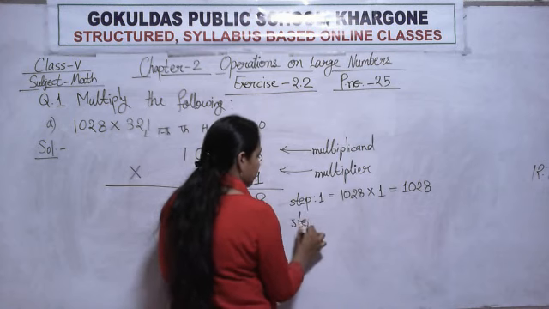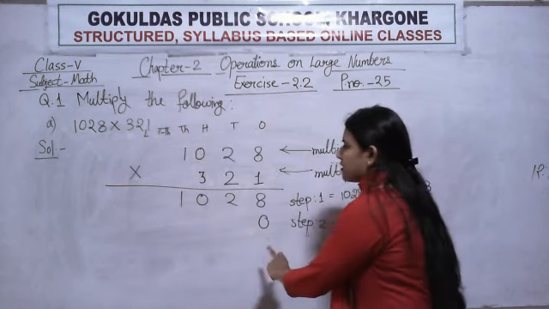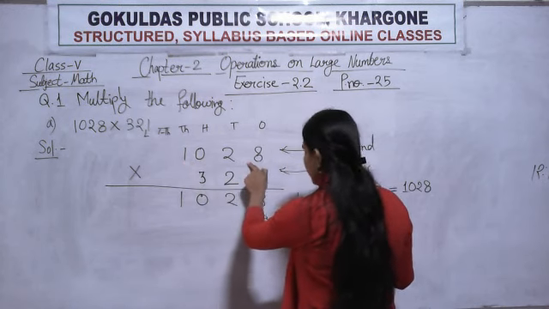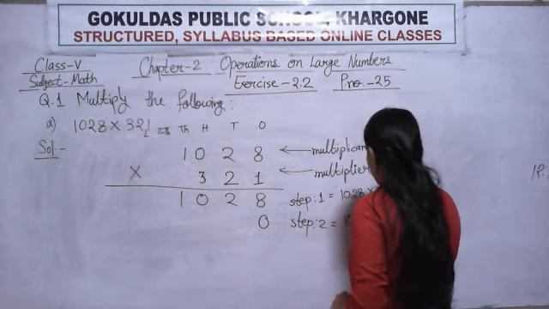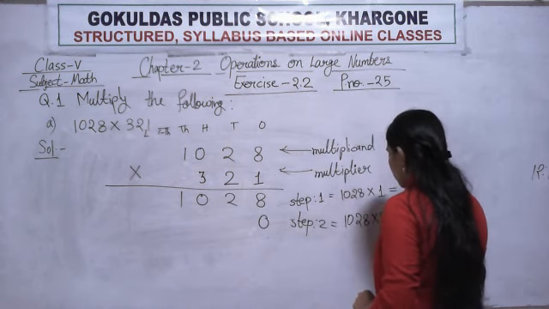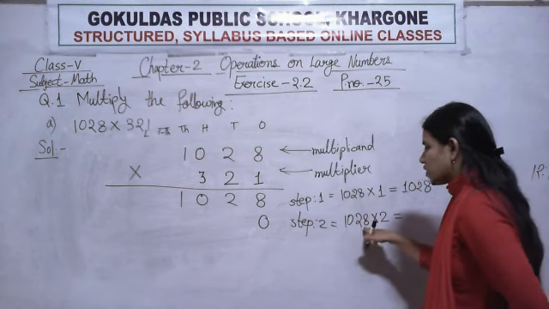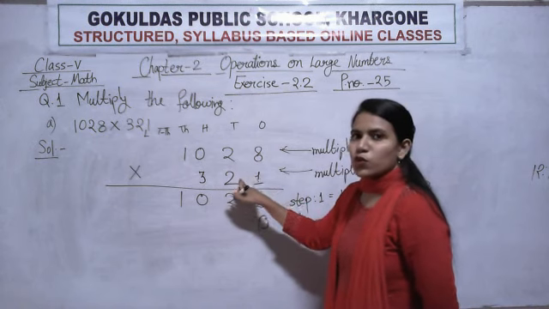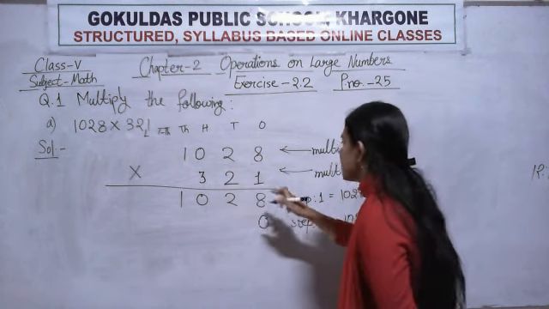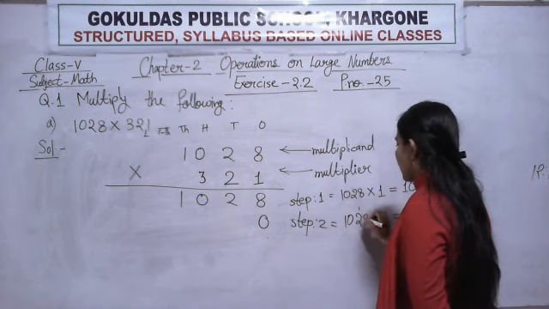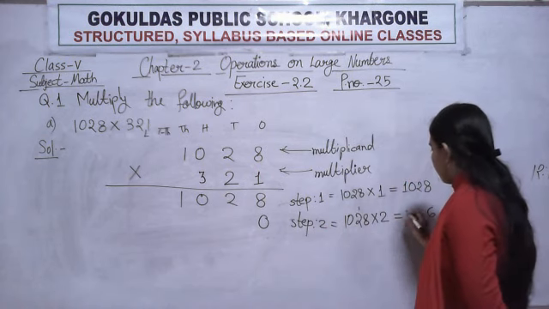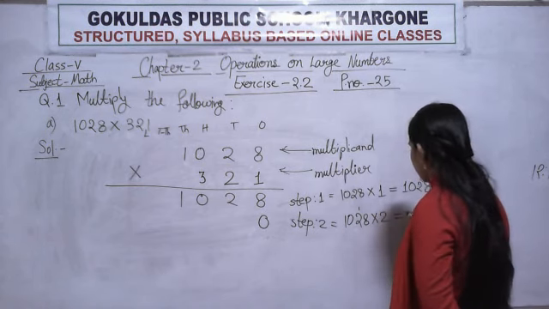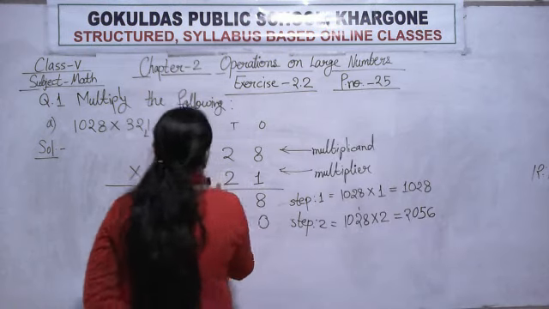Now it is your second step. In the second step, you are multiplying 2 with the 1028. So write 1028 and multiply this 1028 by 2. 2 8s are 16.